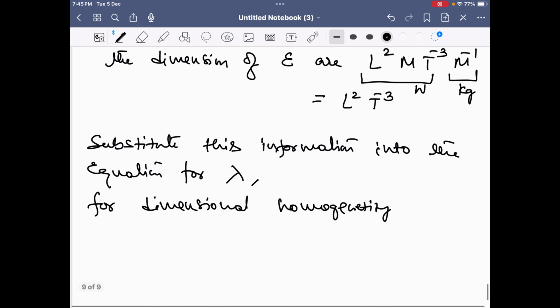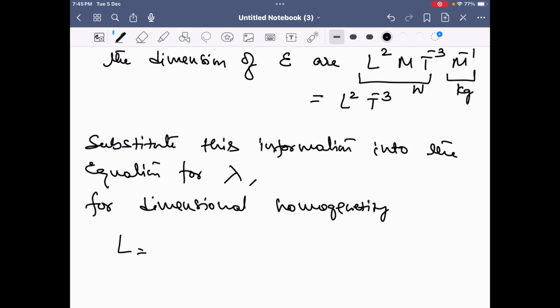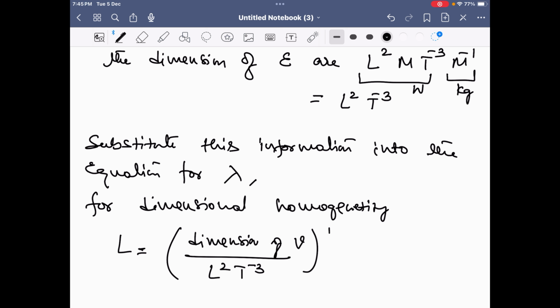So L is equal to, this is the dimension of lambda, the dimension of V cube divided by the dimension of epsilon, L square t power minus 3, whole to the power of 1 by 4.